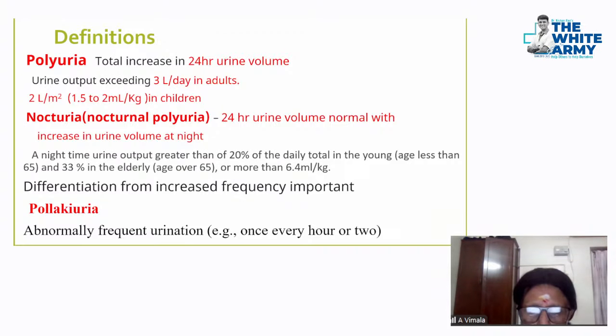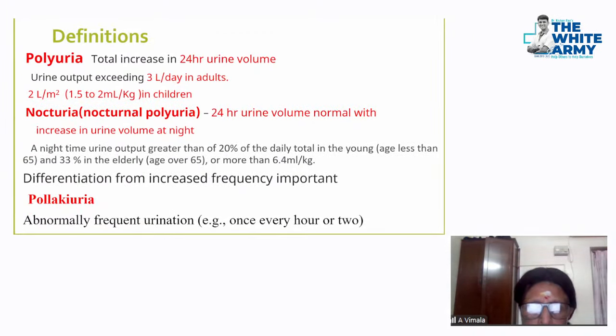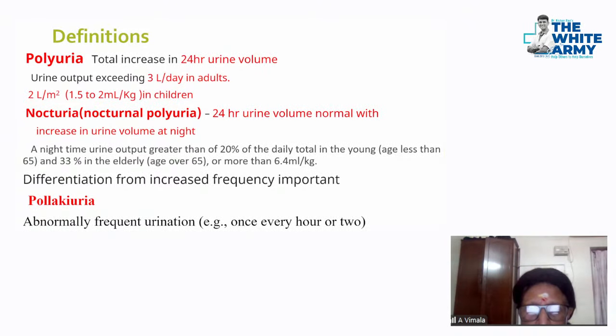Unless you have some obstructive voiding symptoms, the normal physiological mechanisms shut down the urine flow at night. So if somebody passes more than 1/3 of the volume at night over the age of 65, and 1/5 of the total urine volume at night under 65, we can call it nocturia, which is nocturnal polyuria.